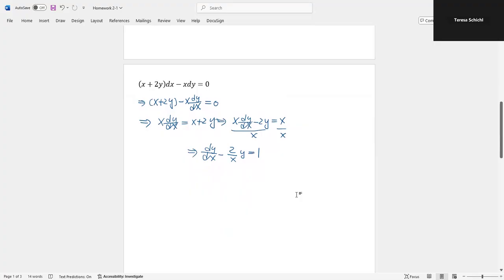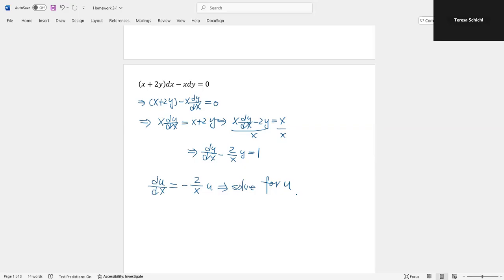Now I can try to find the integrating factor. I will set du/dx equal to negative 2/x times u. Remember that for a first order ordinary differential equation, I can just solve for u.